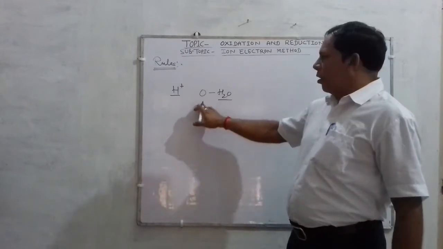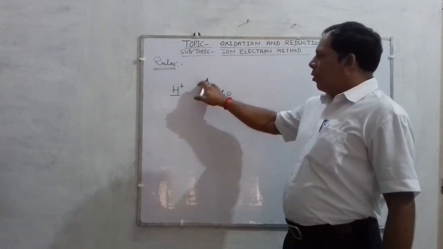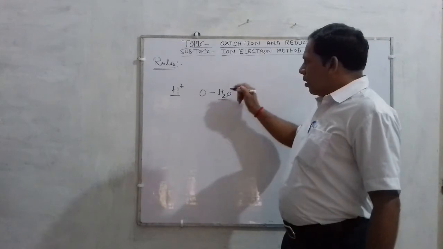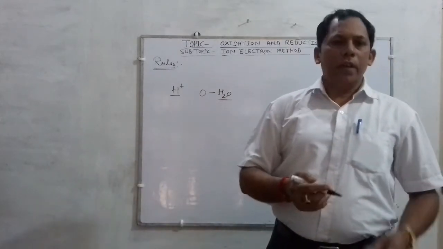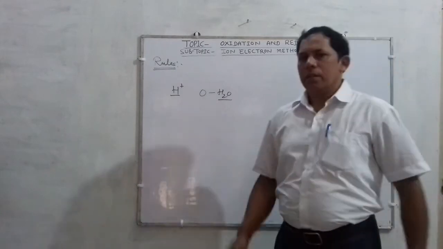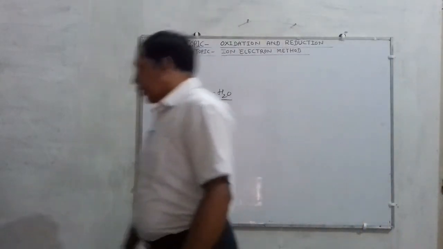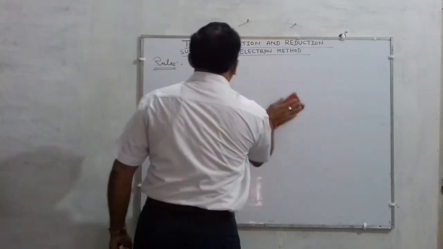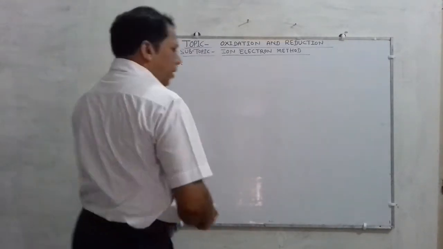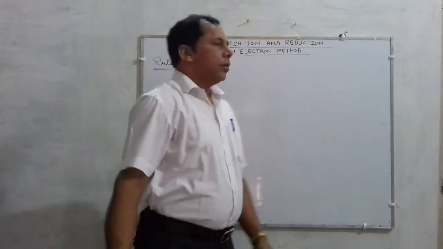Similarly, for balancing of oxygen atoms, where needed, the water molecule H2O is added. Alright. On this basis, I am now taking one simple example by which this method can be explained better.